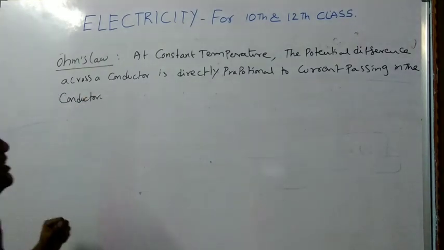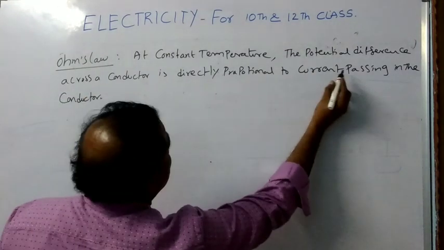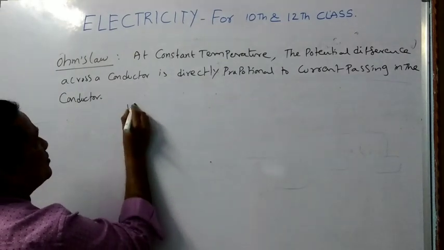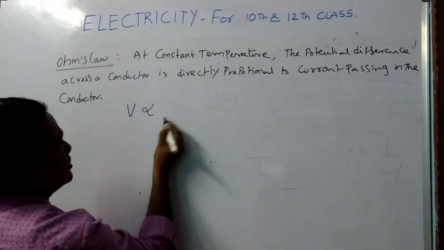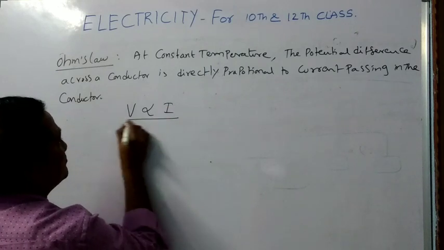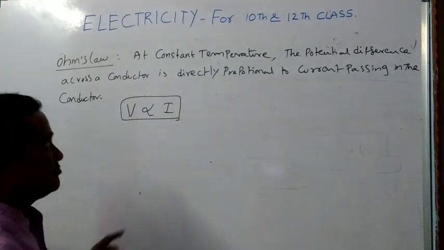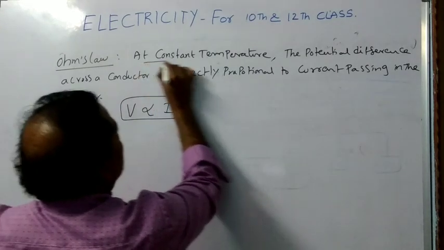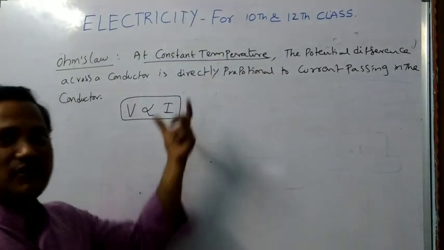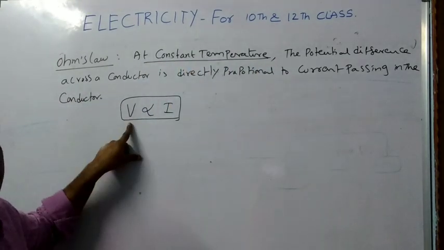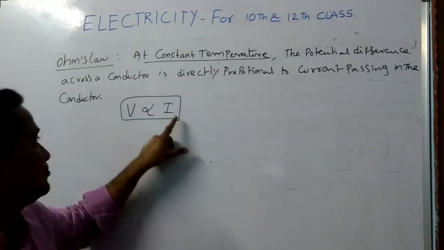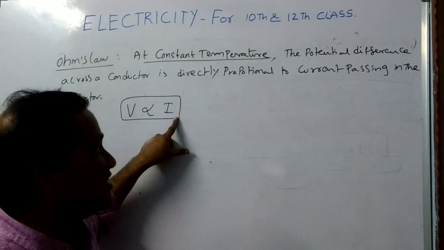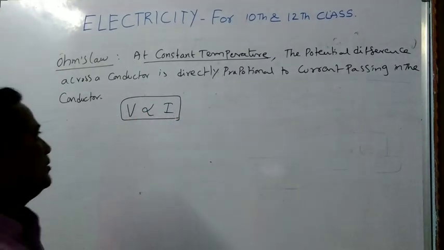How can you write it mathematically? The potential difference, or simply V, delta V also you can write, V is proportional to I. This is Ohm's law. Here constant temperature is important. That means at a constant temperature, the potential applied to the conductor is directly proportional to the current passing through the conductor. This is called Ohm's law.